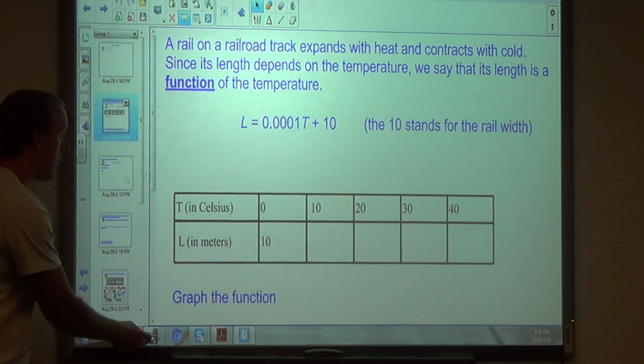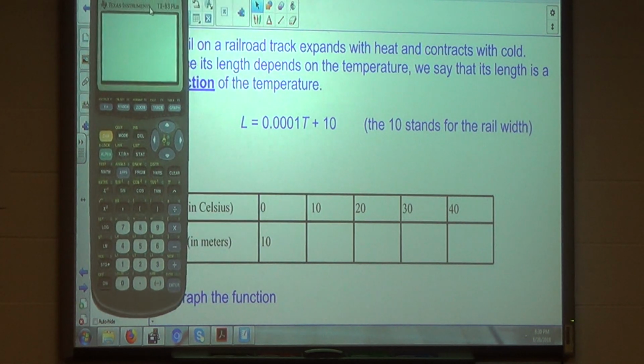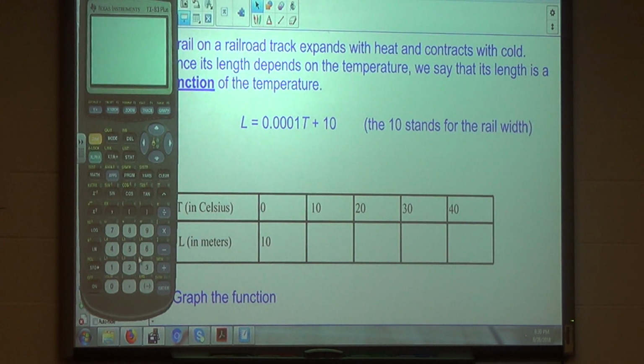What I would do here is take my calculator out and plug in .0001 times 0, and then plus 10, and that's how they get 10.